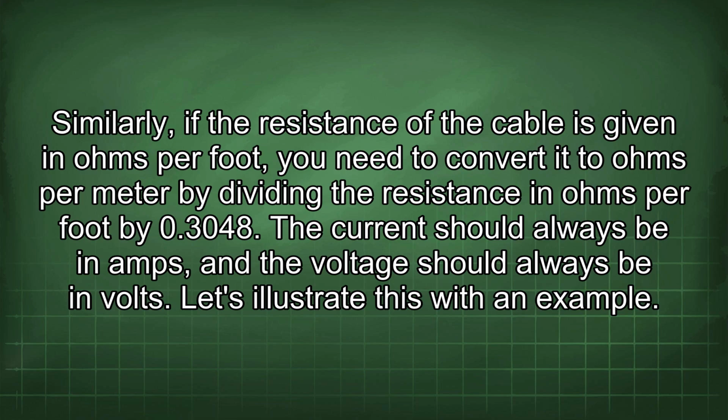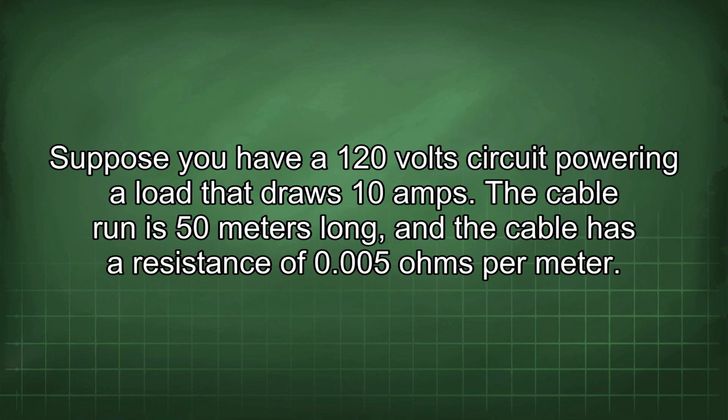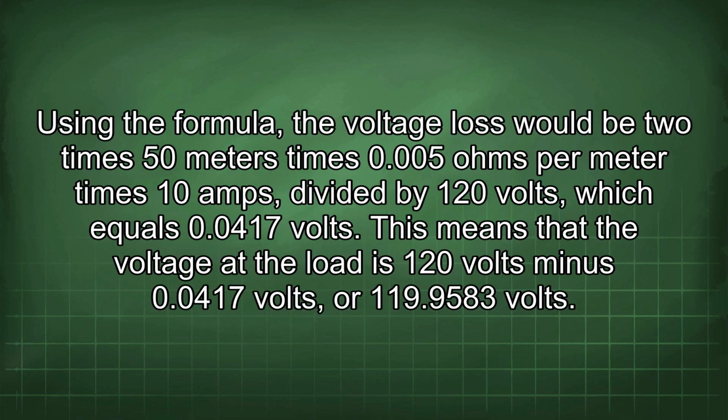Let's illustrate this with an example. Suppose you have a 120 volt circuit powering a load that draws 10 amps. The cable run is 50 meters long, and the cable has a resistance of 0.5 ohms per meter. Using the formula, the voltage loss would be 2 times 50 meters times 0.5 ohms per meter times 10 amps divided by 120 volts, which equals 0.417 volts.